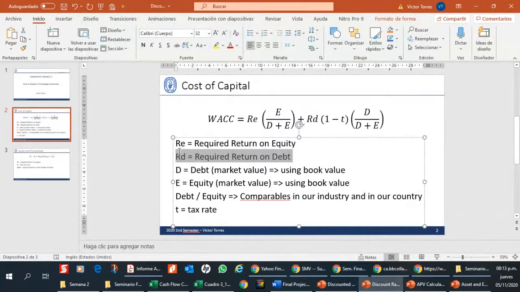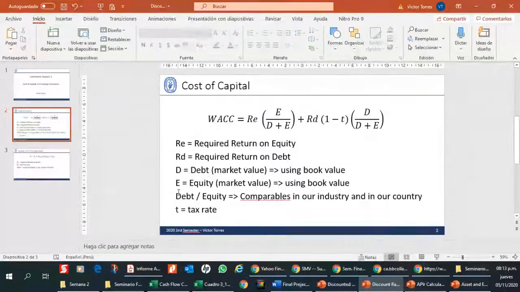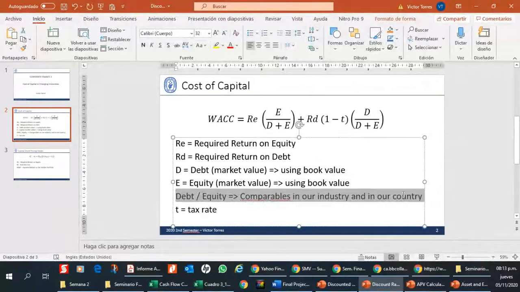Okay, so enough for required return on debt. I already touched base on that. I already mentioned the book values, right? You may want to go with this, honestly, try now to come up with comparables in our industry and our country, right? What's going on with other companies that are trading, right? And try to figure it out. Based on that, what's going to be the debt over equity?